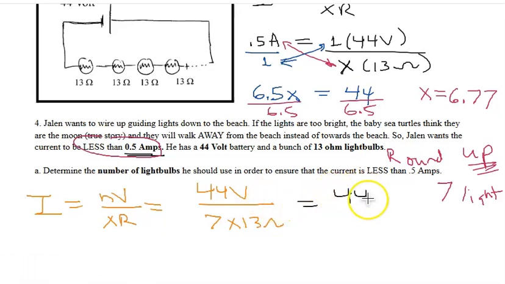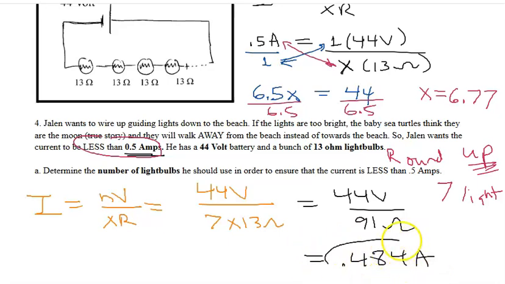So 44 volts over, I don't know what 7 times 13 is, 91 ohms gives you almost 0.5 amp. Okay, which is less than 0.5. So yay, we did not cause the baby turtles to get lost.